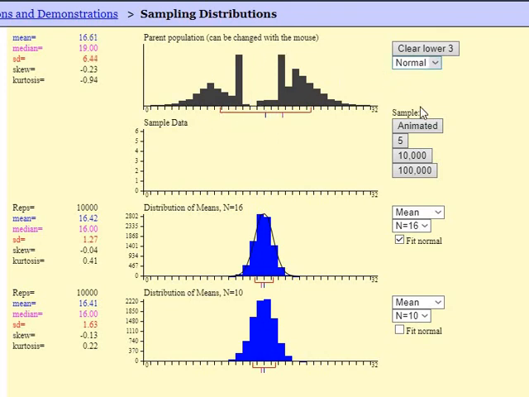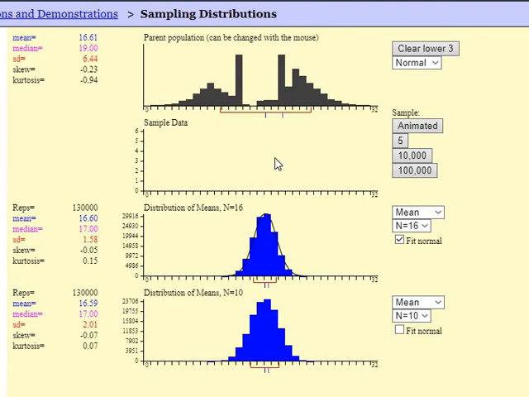So this shows that even if I have a population that's really weird shaped, if I take large enough sample sizes, and it usually doesn't have to be super large. They'll say in practice if it's at least 30, then you're probably going to be really safe. But you see here in the simulation, if I do n equals 16, it's already approximately normal when I do 10,000 or 100,000. And again, we're talking about all possible samples.